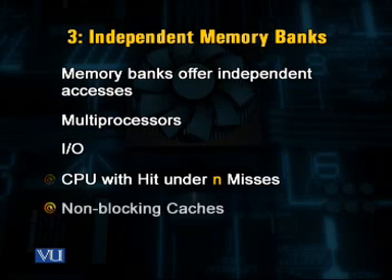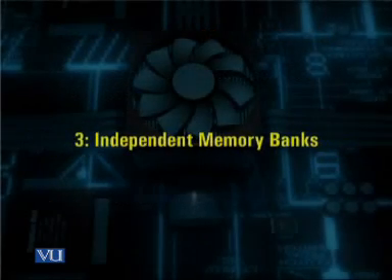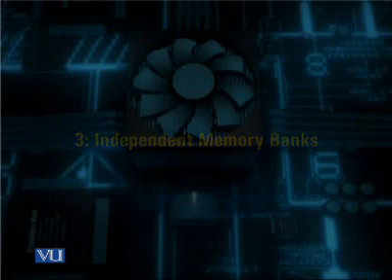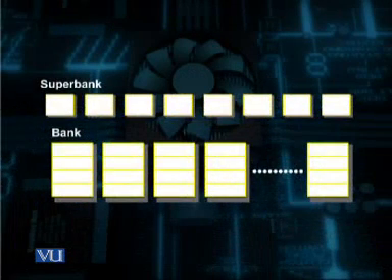use of non-blocking caches. Here, in this case, the memory is organized as superbanks of a number of banks, where a bank is defined as a portion within a superbank that is word interleaved.